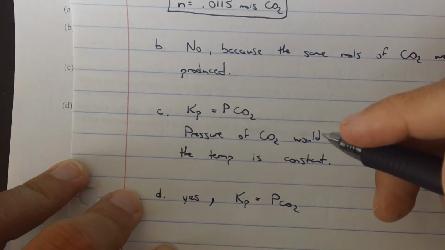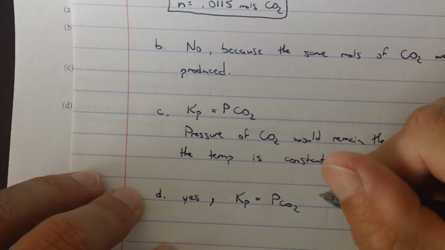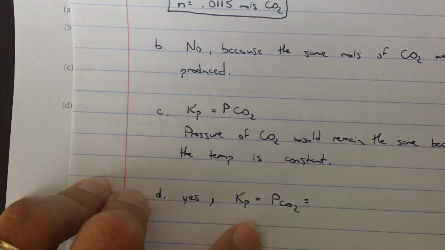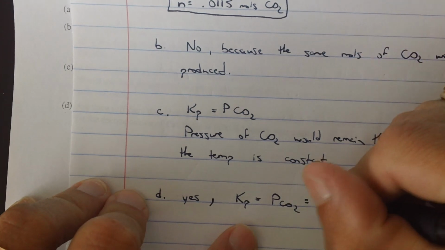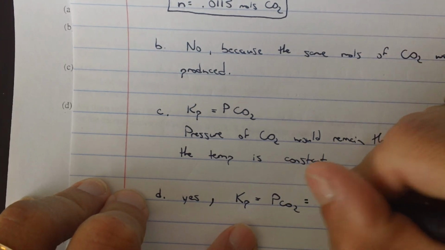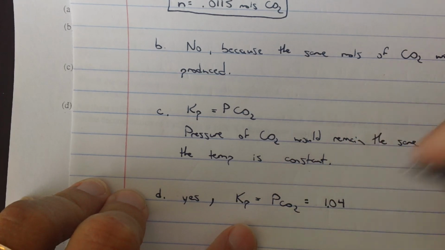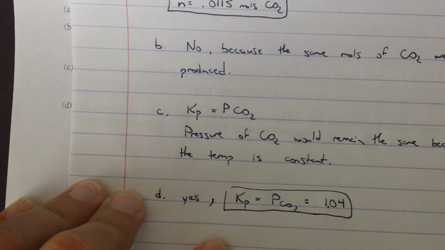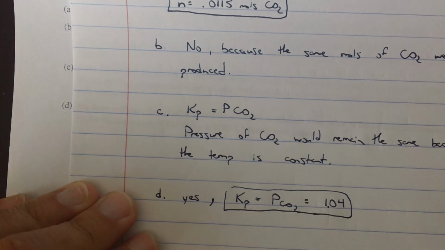Products over reactants, there are no other products or reactants to deal with, and so not only is it true that we can find the value, I wrote down the value as 1.04 for the Kp, and so I would justify it that way. It's not really a calculation, but it is justification to show that equilibrium expression.